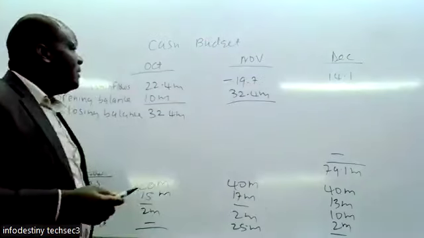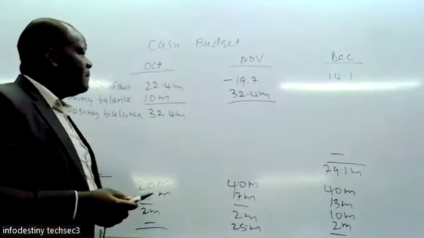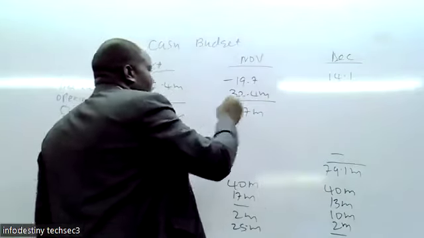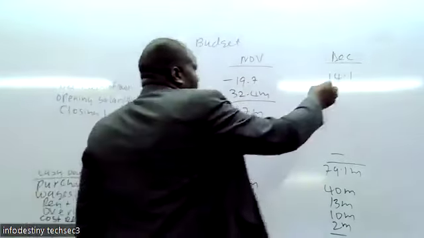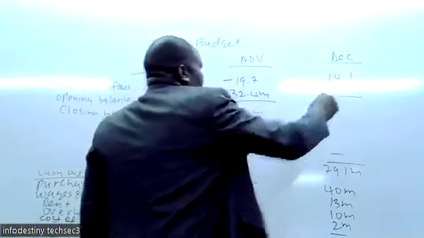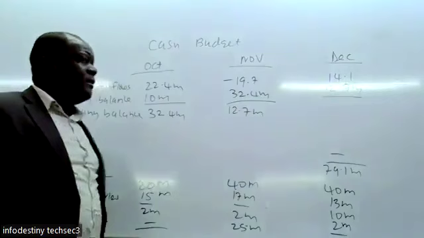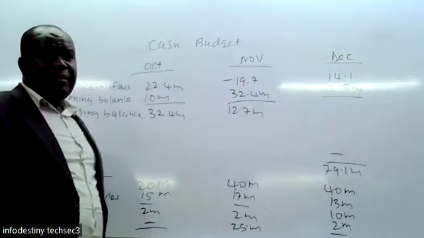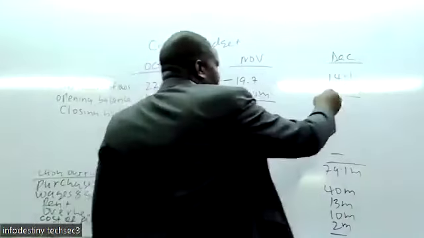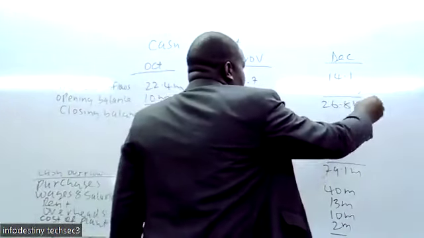So how much is it for November? This is 12.7. Then the closing balance for November is the opening. So we come up to that same procedure so that you get now the closing balance. So it is going to be how much? 26.8.